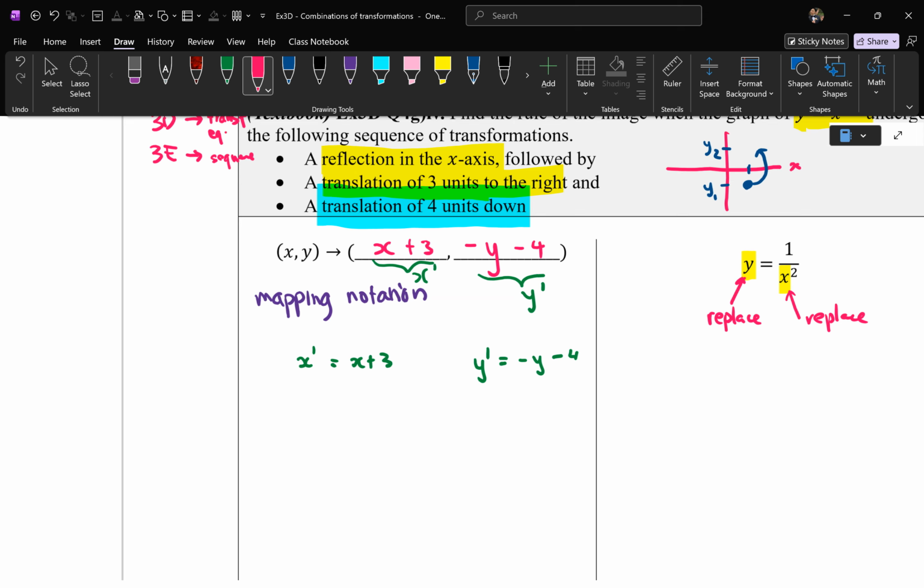So here, I can rearrange it now. Old x is here. I need to remove the plus 3. Minus 3 on both sides. And I get old x is equivalent to new x, take away 3. There's my relationship. Same thing with this one. Add 4 on both sides.